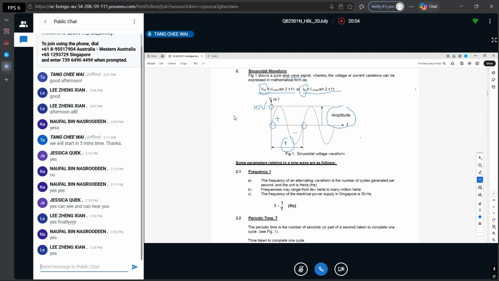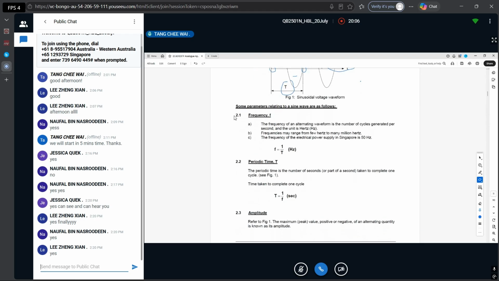Then we talk about how to find frequency. If you want to find frequency, I think it's better to put capital F here. You just use a simple formula, 1 over T, and then you find frequency in hertz. The unit of frequency is hertz.